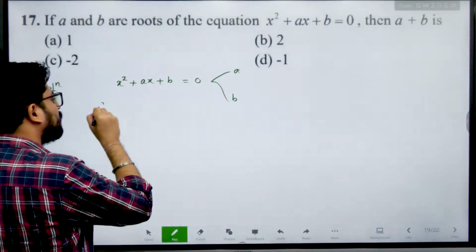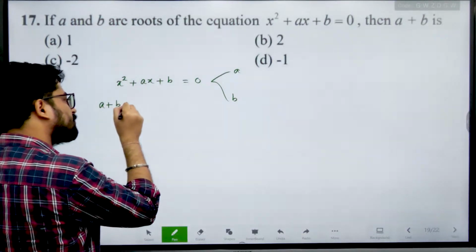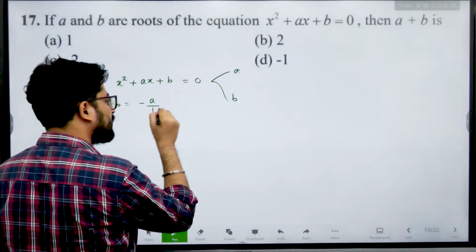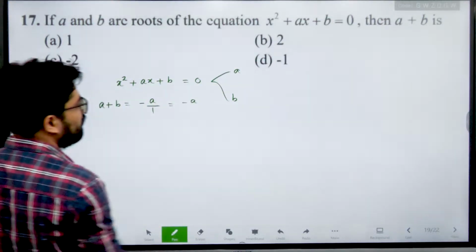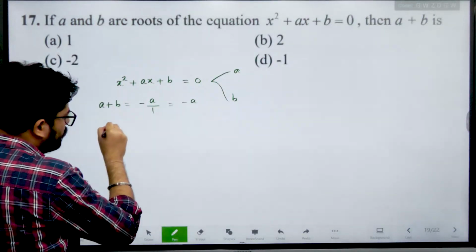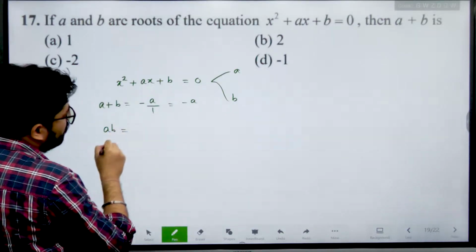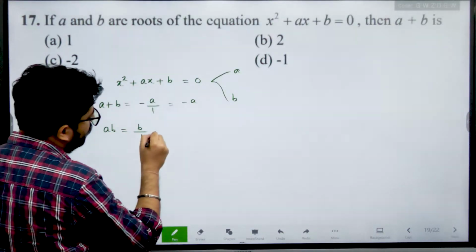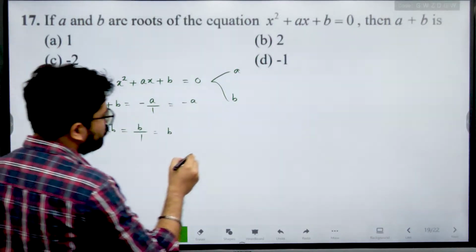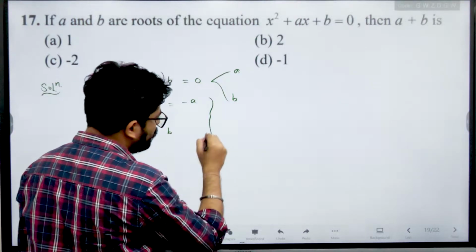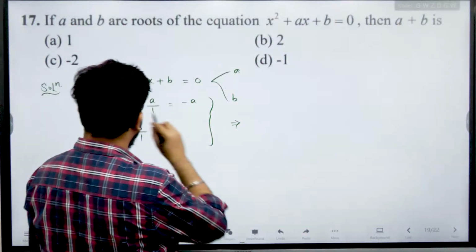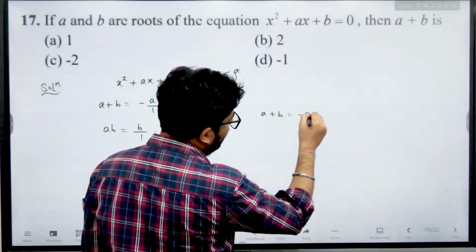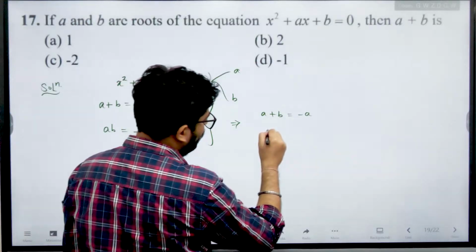The sum of roots a plus b is minus the coefficient of x divided by the coefficient of x square, which is minus a. And the product of roots ab is the constant term divided by the coefficient of x square, that is 1, so this is equal to b. So from these two, a plus b is minus a, and ab is equal to b.